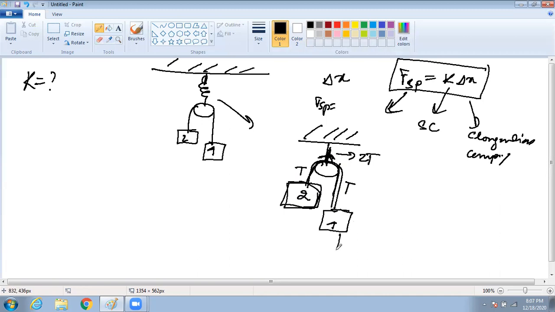Now this will go down, this will go up basically. If you consider this equation, it will be 2mg minus T equal to 2ma.